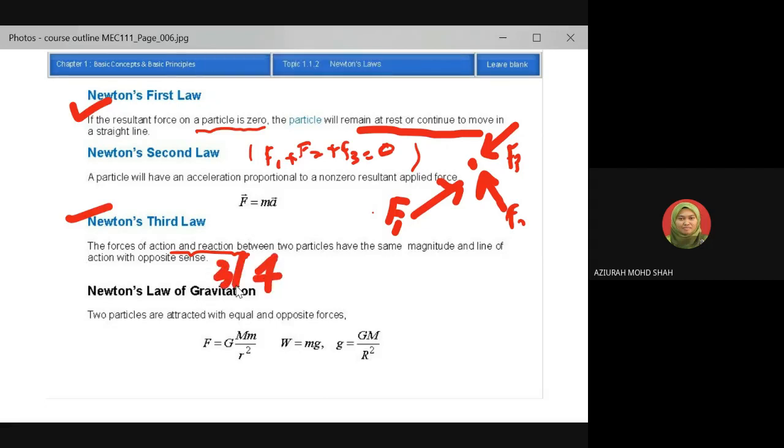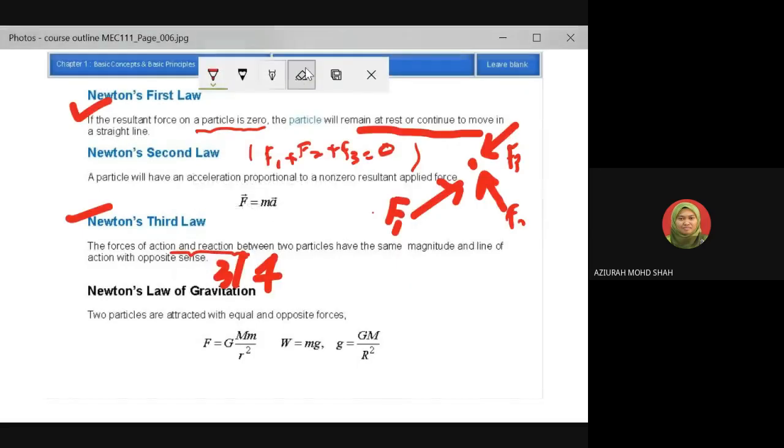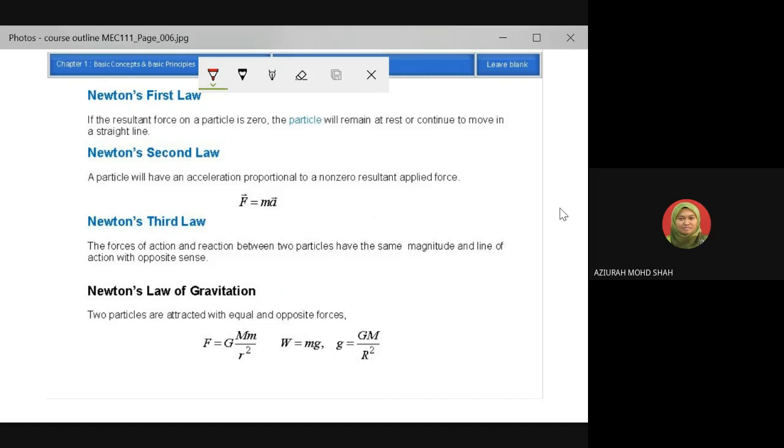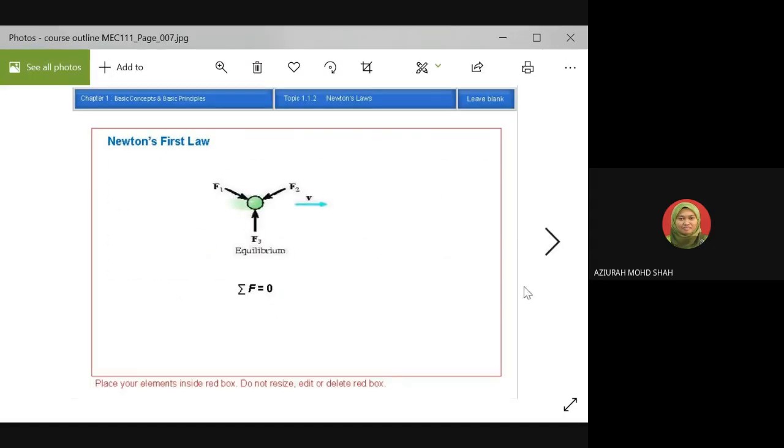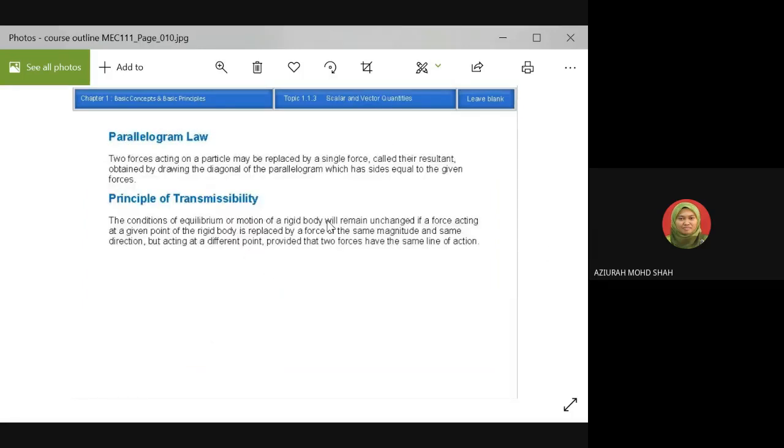So you kena faham lah action and reaction tu nanti. Okay, so Newton law. Okay, gambar ada. Right. Another basic concept that is very important in statics, juga penting juga, inilah.